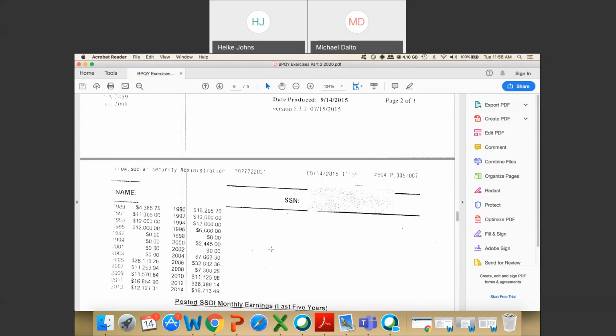Also, earnings in 2013 and 2014 appeared high enough to use trial work period months. The trial work period thresholds in 2013 and 2014 were 750 a month and 770 a month, respectively, with earnings of over 12,000 in 2013 and over 16,000 in 2014. Seems that this person would have had earnings high enough to use trial work period months.